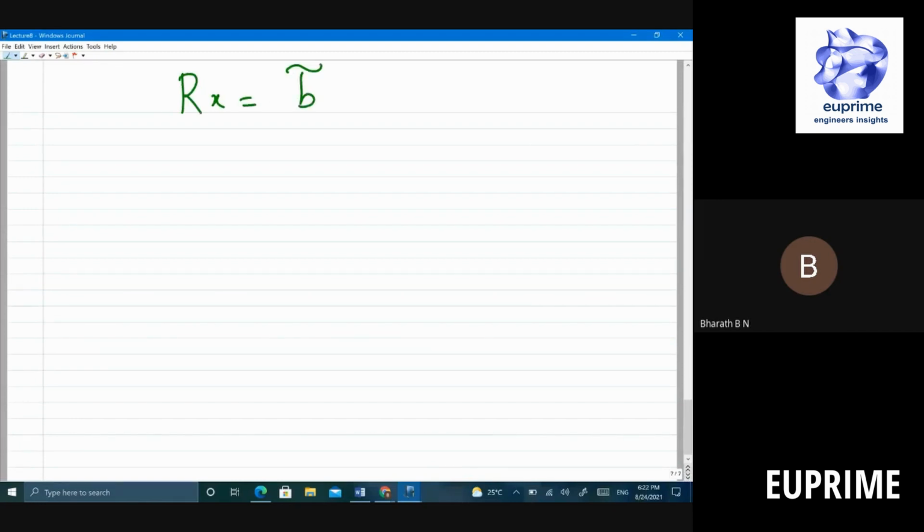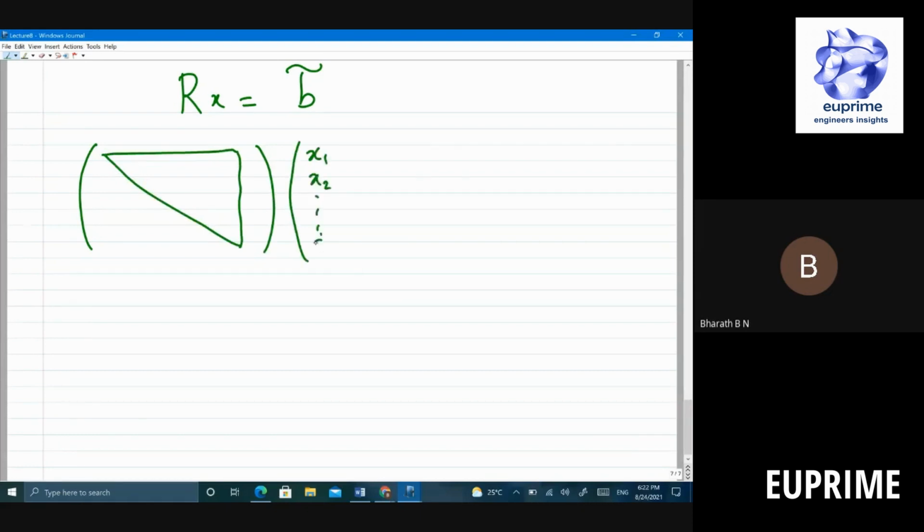What is Rx? It's easy, right? This is the kind of matrix that we'll have: x1, x2, up to xn, equal to b1 tilde, b2 tilde, up to bn tilde. Now, how do you solve this problem? We should go in the opposite direction. Let's start with the last row.